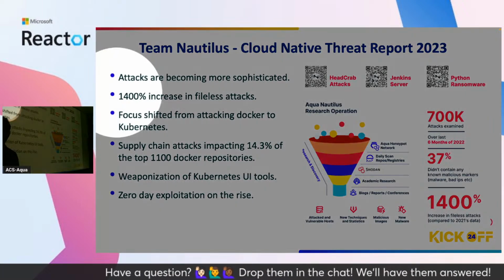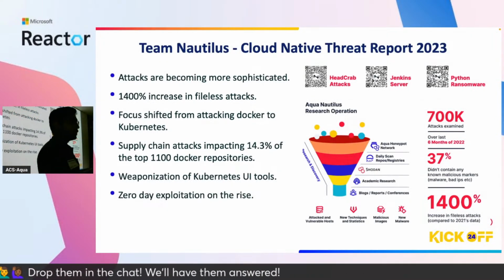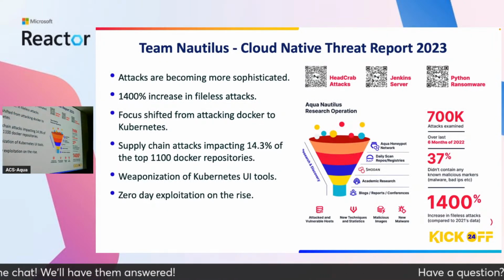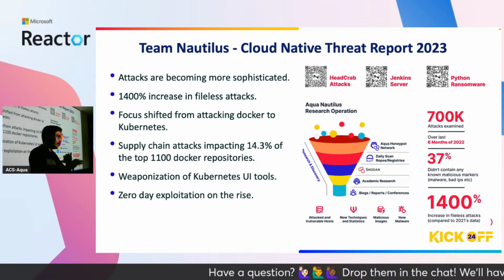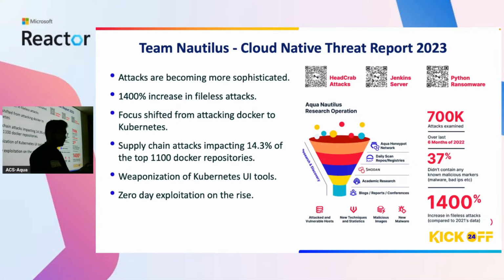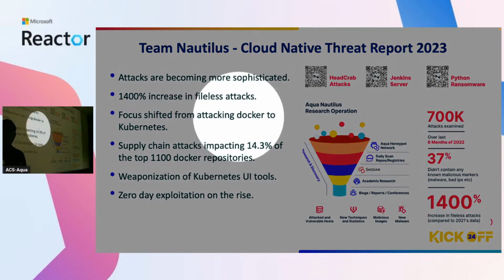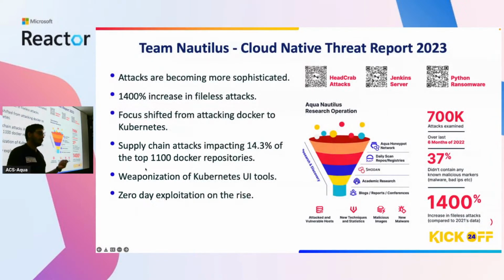There's also a large shift in focus from Docker to Kubernetes, because Kubernetes is becoming the operating system of modern applications. It's the way we standardize on any platform, in cloud or on-premises, for how you are going to run these modern applications in containers. So attackers are shifting their focus to attack vectors on Kubernetes. We also see an increase in supply chain attacks: 14% of the top 1100 Docker repositories are being impacted.